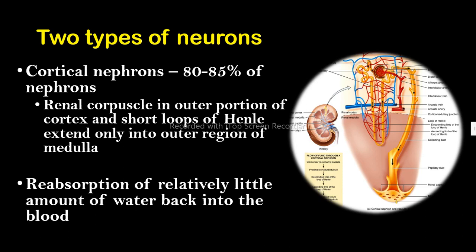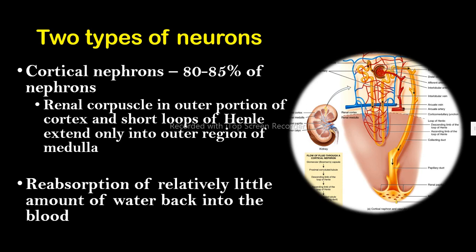Desert animals have long loops of Henle which span deeply into the renal medulla. But because cortical nephrons don't go deeply into the medulla, the amount of water that can be reabsorbed into blood is little.